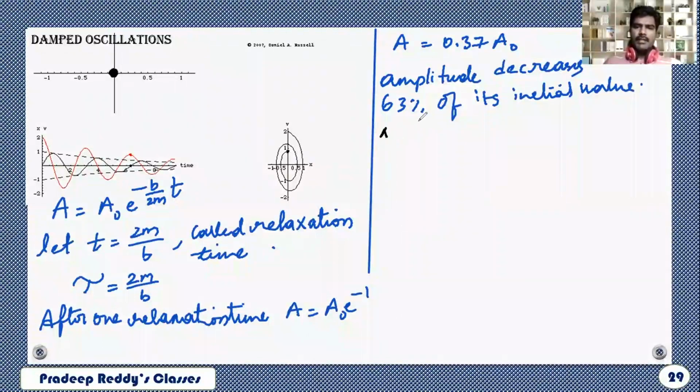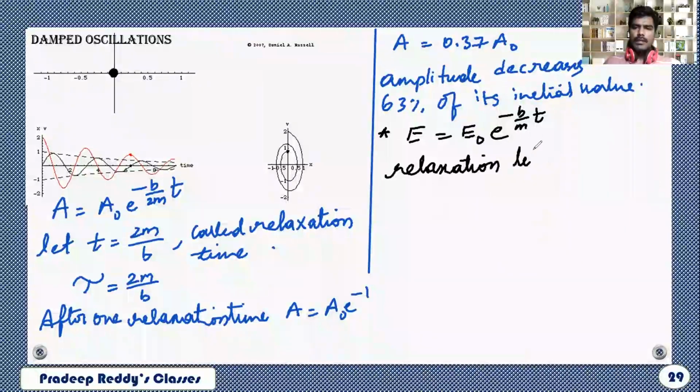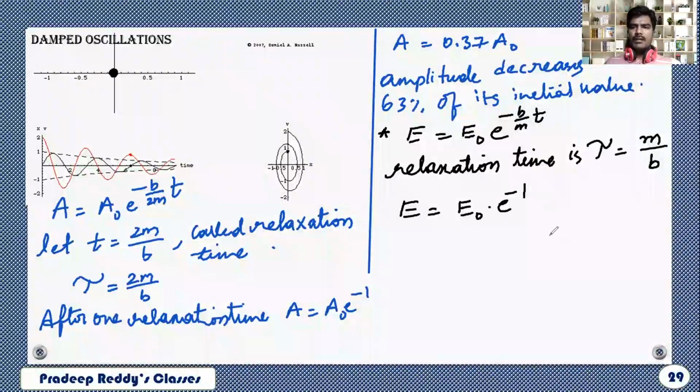Likewise, we have energy E is equal to E naught into e power minus b by m into t, and here the relaxation time is tau is equal to m divided by b. That gives you E is equal to E naught into e power minus 1.